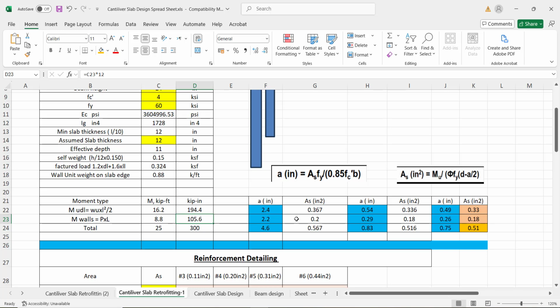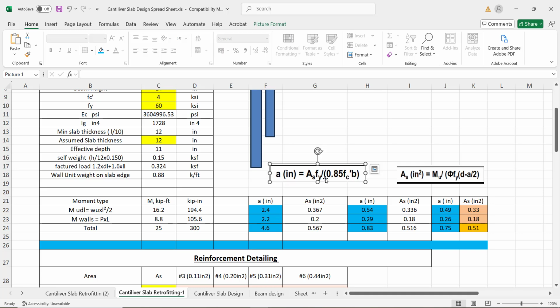Coming to the calculation, we will start. This is a very famous formula for A, so I have put this formula here. Every engineer should know that A is equal to As Fy by 0.85 FC prime b. This should be memorized by heart by each and every engineer: A is As Fy by 0.85 FC prime b, and this is the formula for area of steel.